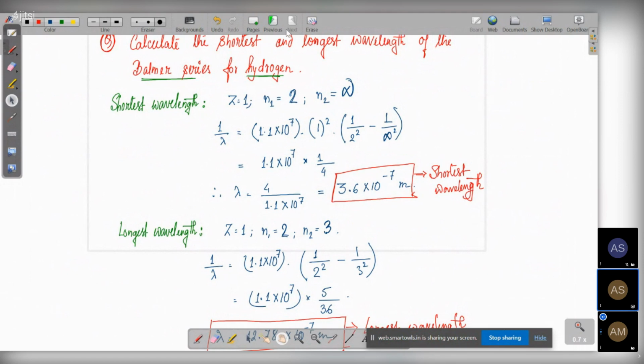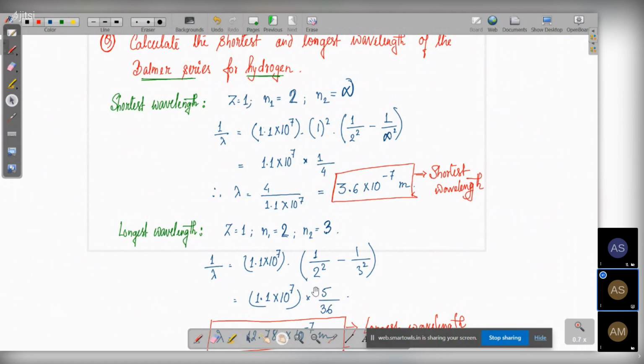Shortest will be N1 equals 3 and N2 equals infinity. Yes, and longest? N1 equals 3 and N2 equals 4. Yes. So not necessarily Balmer will be given. Whatever series they give, longest wavelength means the alpha line, and shortest wavelength means the infinity transition.